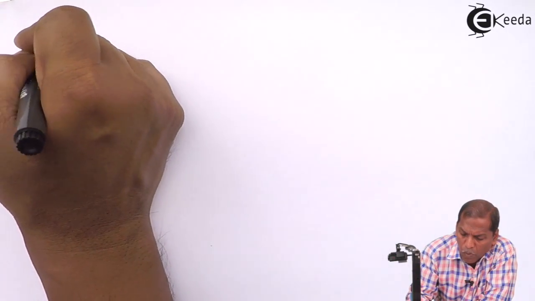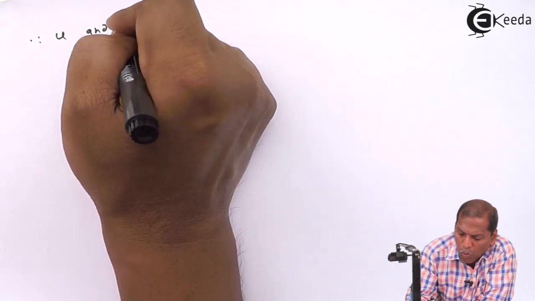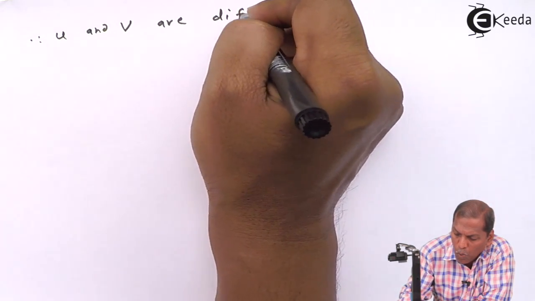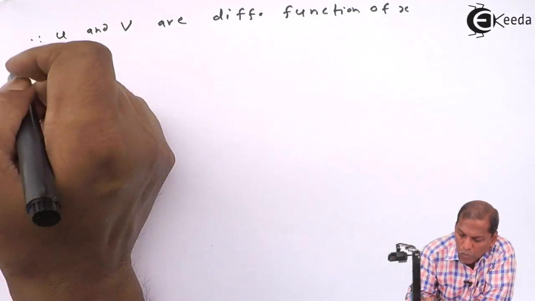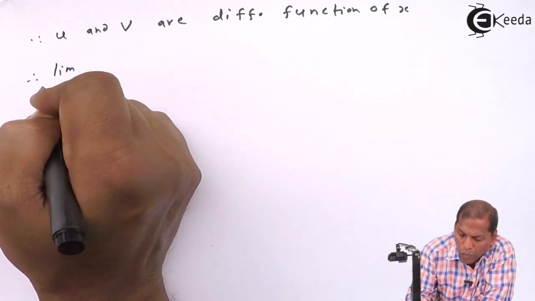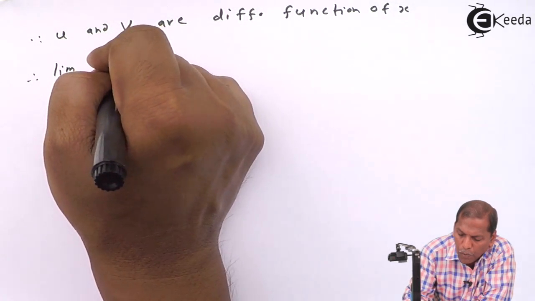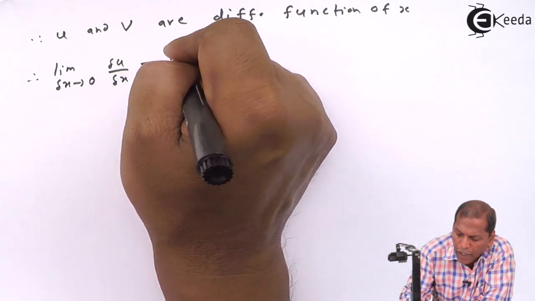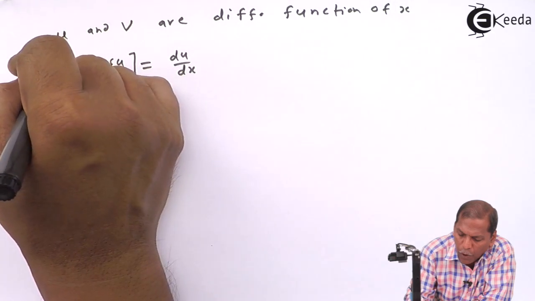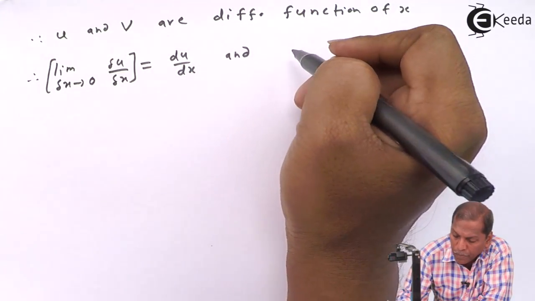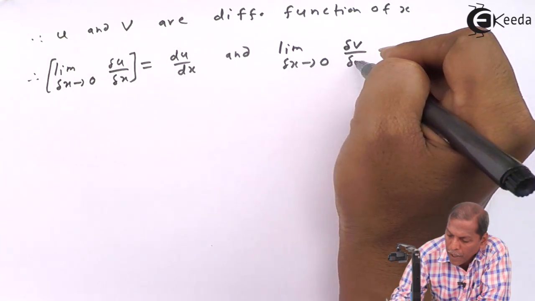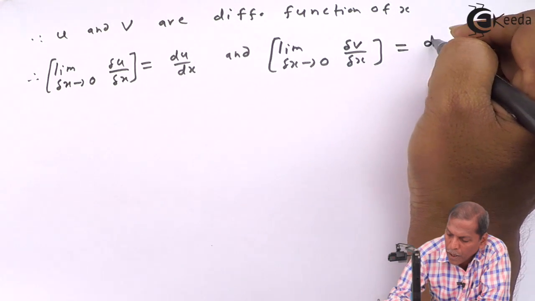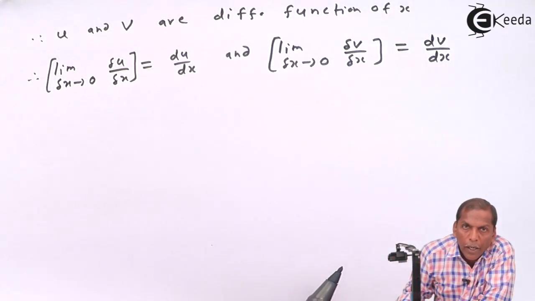Now since u and v are differentiable functions of x, therefore limit delta x tends to 0, delta u upon delta x is equal to du by dx, and limit delta x tends to 0, delta v upon delta x is equal to dv upon dx.